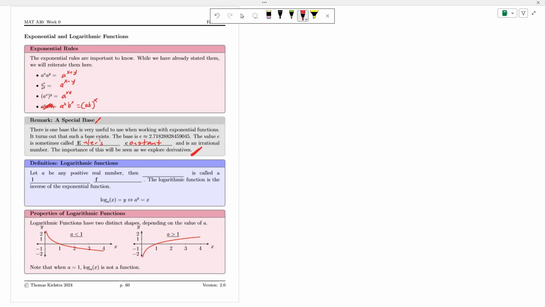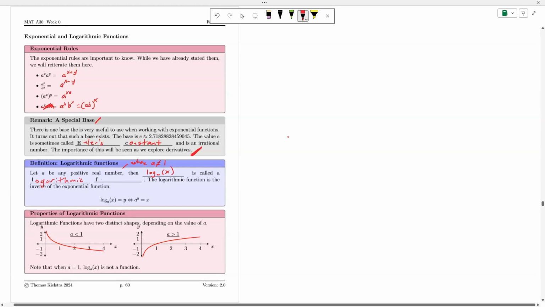Now, connected to the exponential function is our logarithmic function. And if we let a be any positive real number, where a does not equal 1, then log base a of x is called a logarithmic function.